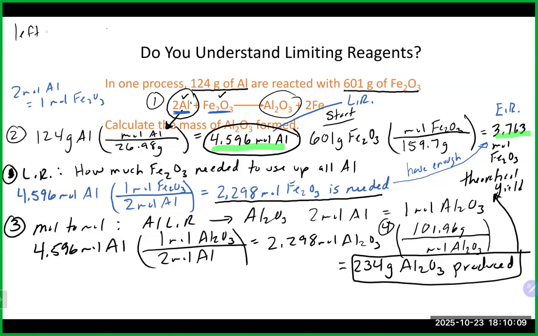So to figure out our leftover iron 3 oxide, that would be the moles of it that we started with, which was 3.763, subtracted from the moles that was needed to use it up, 2.298. And that will tell me that in terms of our iron 3 oxide, we would have about 1.465 moles left over.